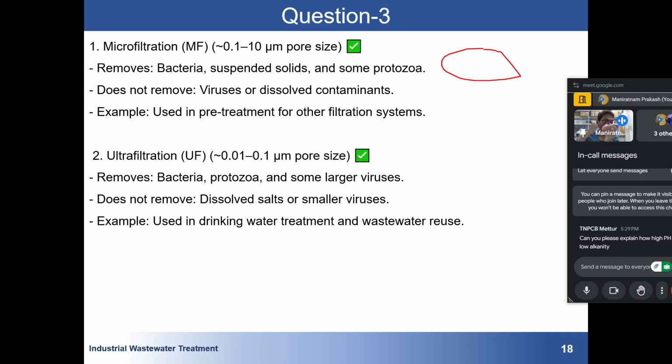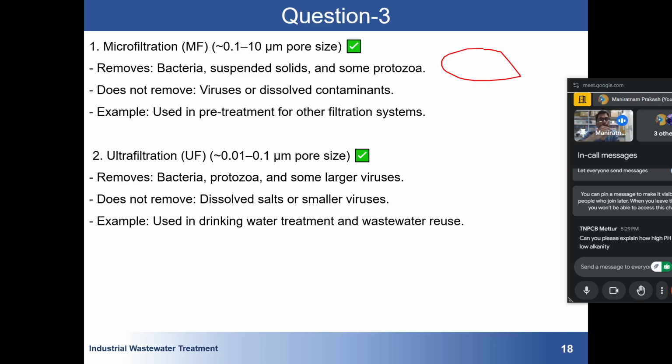This is just a small example. You won't be able to see the filter paper here, but this white side is a filter paper with a size of 0.22 micron, that is 0.22 into 10 to the power minus 6 meter.